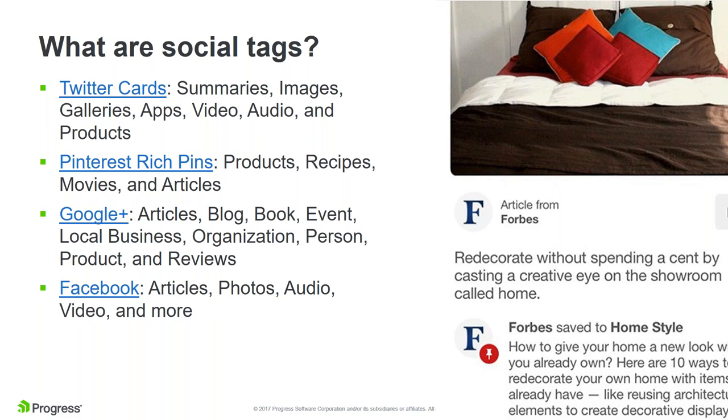So if you've got social as really a big part of your strategy and you want to optimize content, you may want to look into each of these different content structures for the social networks and target specific content types in your actual website.